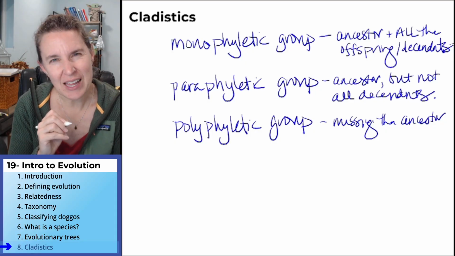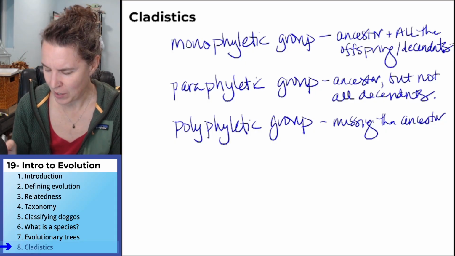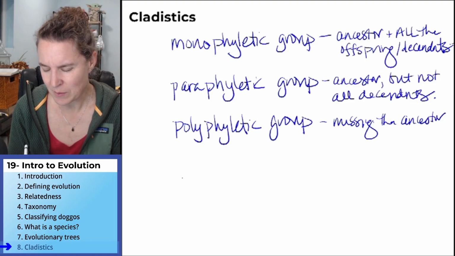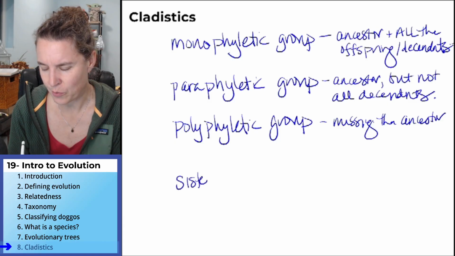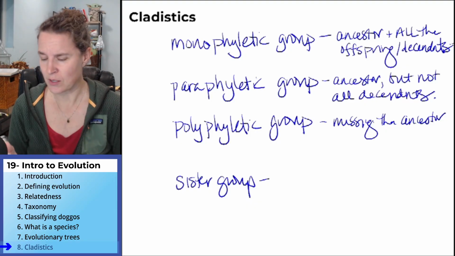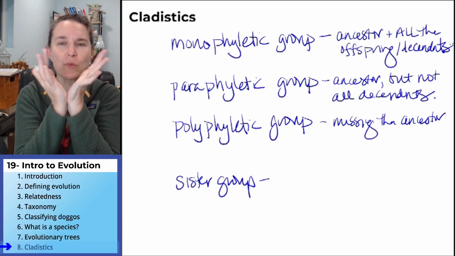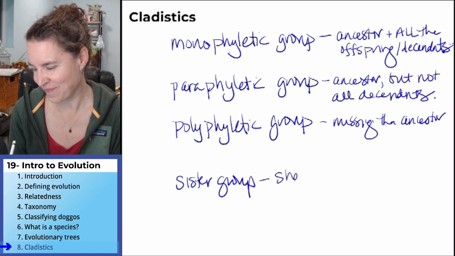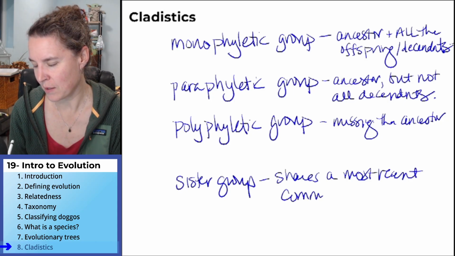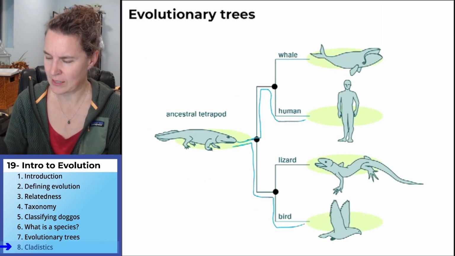The other thing that I think is helpful when we're talking about groups is sometimes we talk about a sister group. And the sister group is the one who shares the most recent common ancestor. Let's look at this.